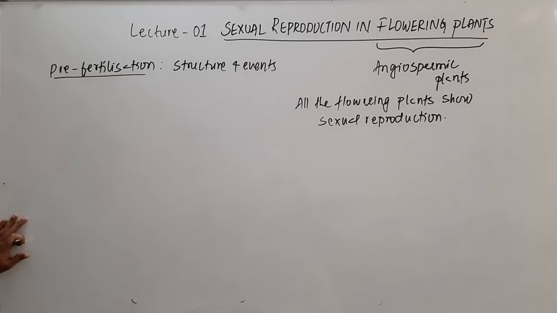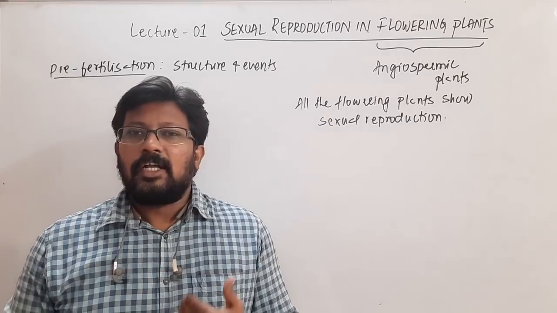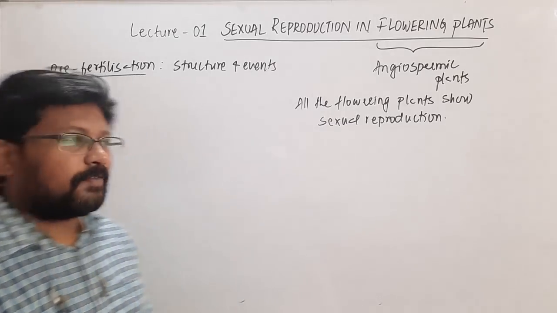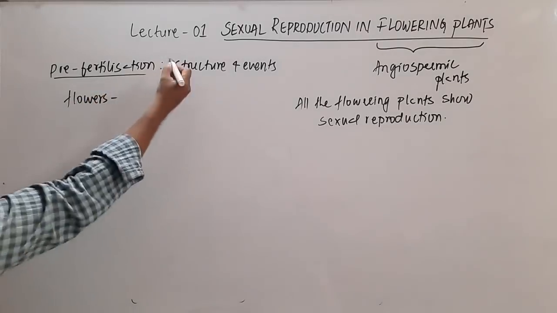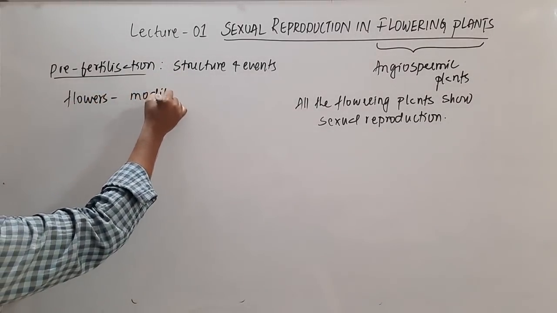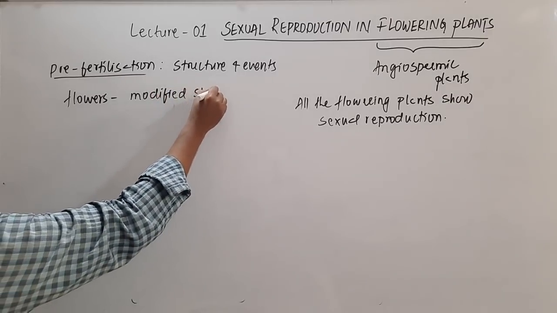Now when we see the flowers in angiospermic plants, there will be several hormonal and structural changes that take place to initiate the production of flowers. Flowers are modified shoots.